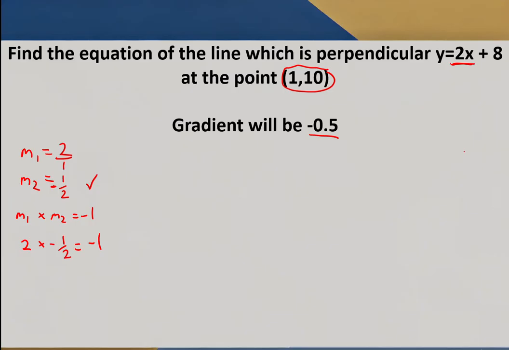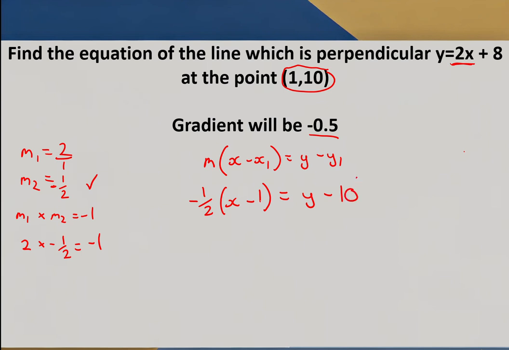So now we are using our point-gradient form, which is m(x minus x1) is equal to y take away y1. I can then put my values in. So I know my gradient will be -1/2. So -1/2 in brackets (x take away 1) equals y take away 10.